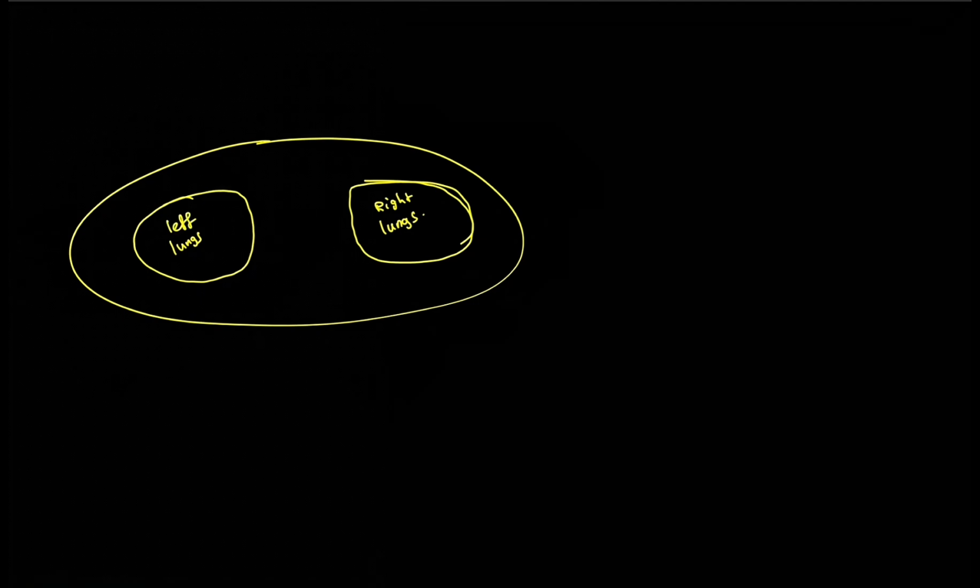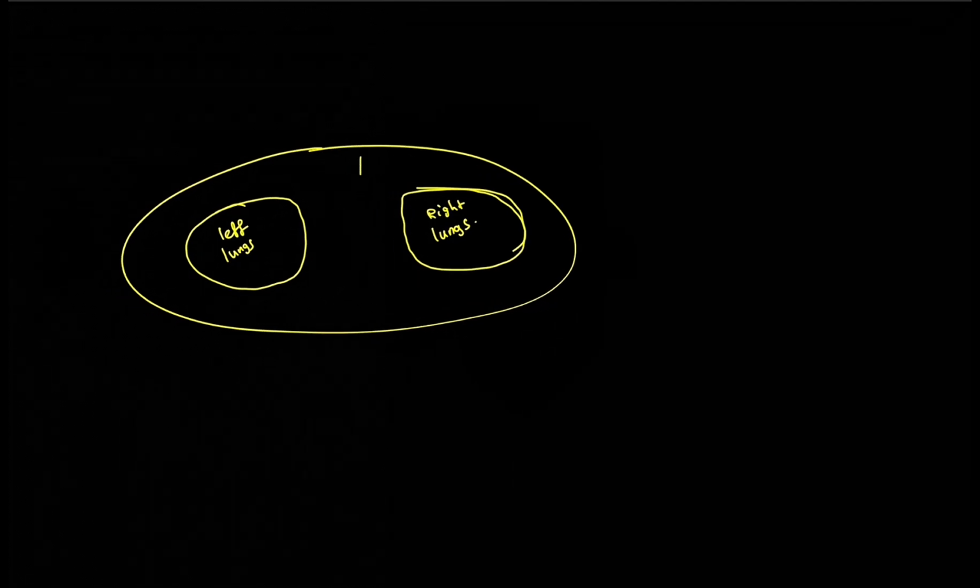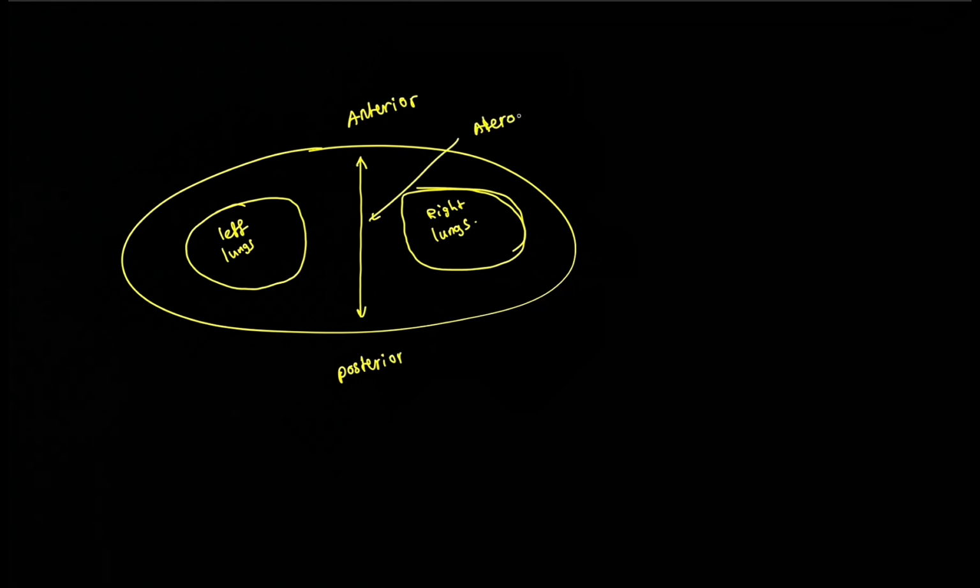Basically you are seeing it from above, right? So this is your anteroposterior diameter. This is the anterior, and the posterior. So it's called the anteroposterior diameter. And then this is called the lateral diameter.